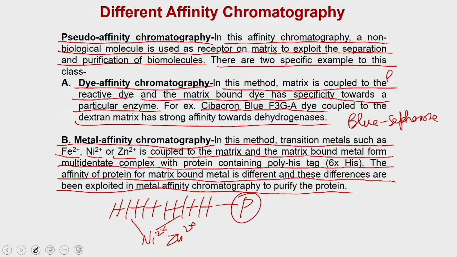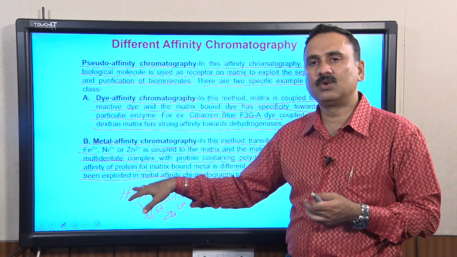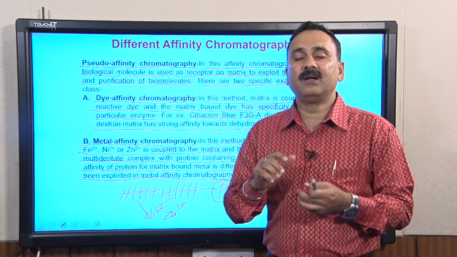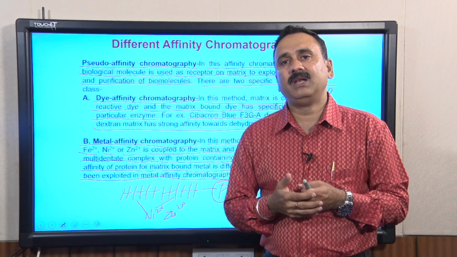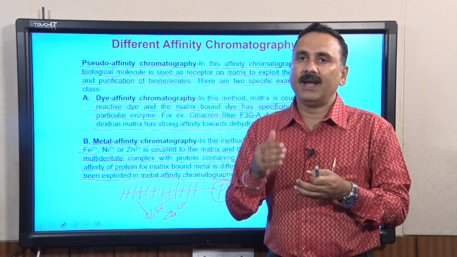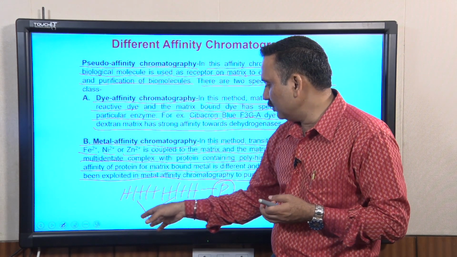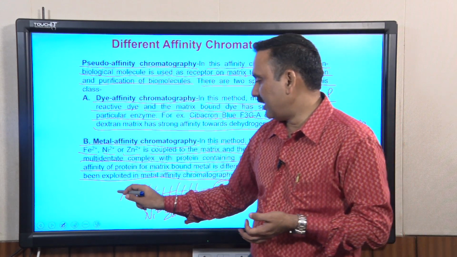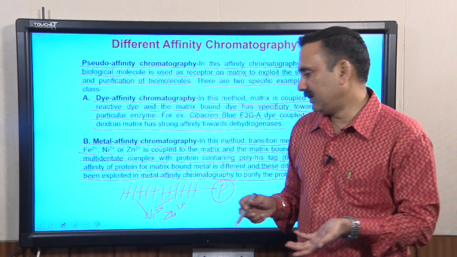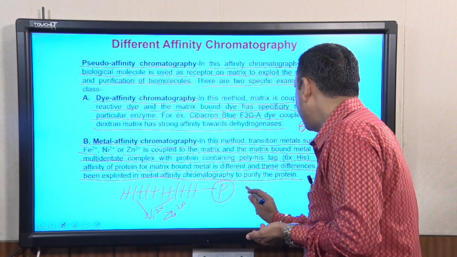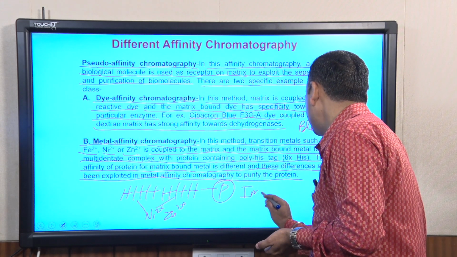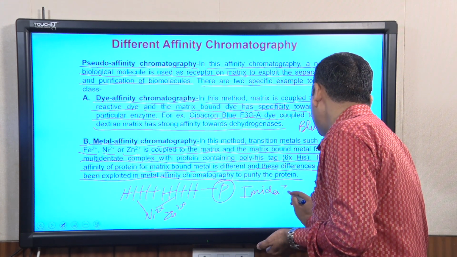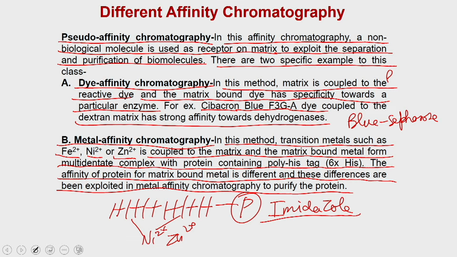That will remove all other proteins, because they do not have the histidine tag, but they are non-specifically adsorbed onto the matrix. Then you will elute using a competitive ligand. In this case we do not use histidine, but you can use imidazole as a competitive ligand, and that will elute these proteins from the matrix.